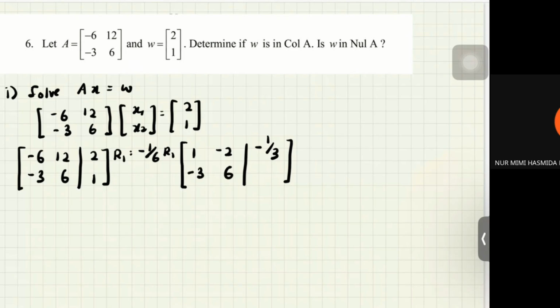Rewrite the second row and move to the next operation, which is to change this -3 to 0. How to change this? The operation for row number 2: R2 plus 3R1. Row number 2 plus 3 times row 1. So -3 plus 3, you will get 0.